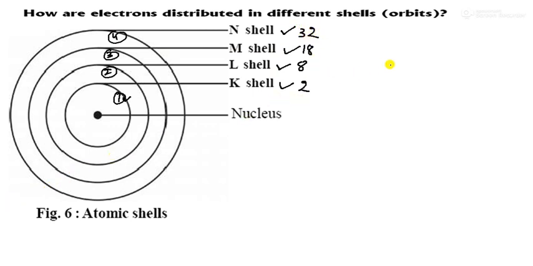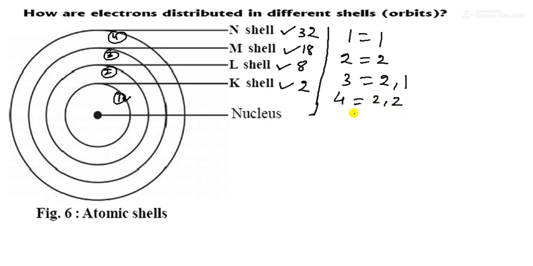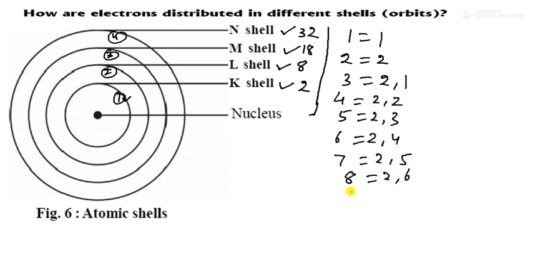So how can these electrons be distributed? You can see here the electronic configuration. Suppose there is one electron, so it is 1. For 2, it is 2. For 3, it is 2, 1. For 4, you can write 2, 2. For 5 it becomes 2, 3, for 6 it is 2, 4, for 7 it is 2, 5, for 8 it is 2, 6, for 9 it is 2, 7, and for 10 it is 2, 8.